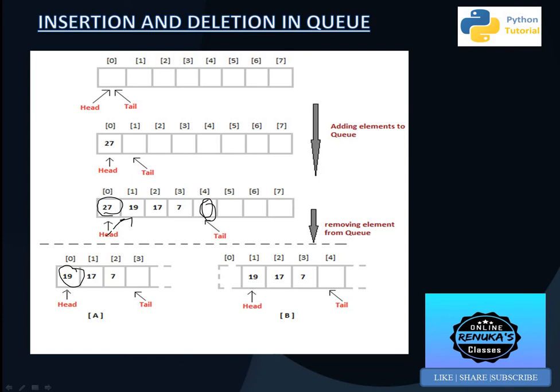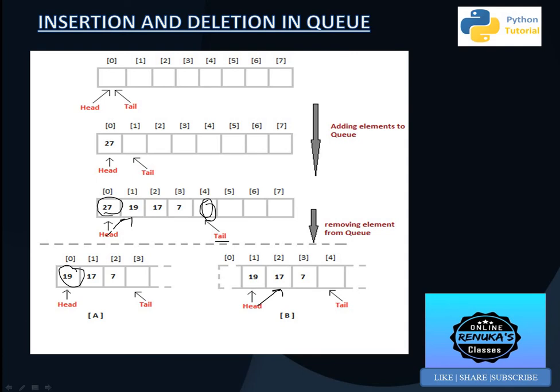Then 19 will be deleted, after that 17 will become the head part, and after 17, 7 will become the head part, like this. So at the time of insertion, tail is moving 1 forward, and at the time of deletion, head pointer is moving 1 forward. So this is how addition and deletion are possible in queue.